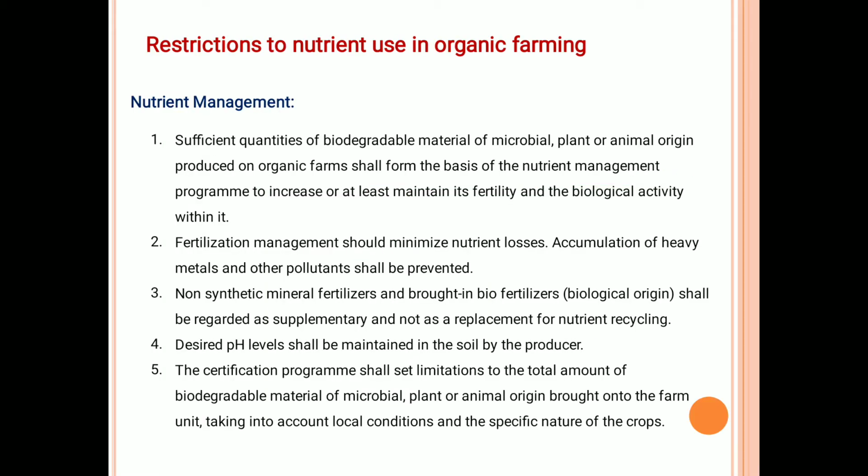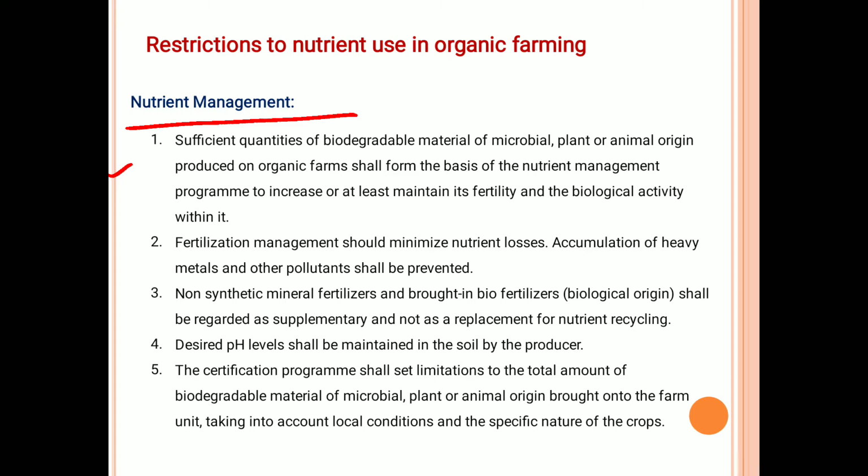In the nutrient management system, how to manage, the first point is that a sufficient quantity of biodegradable material of microbial, plant and animal origin produced on the organic farm shall form the basis of the nutrient management program, to increase or at least maintain its fertility and the biological activity within it.